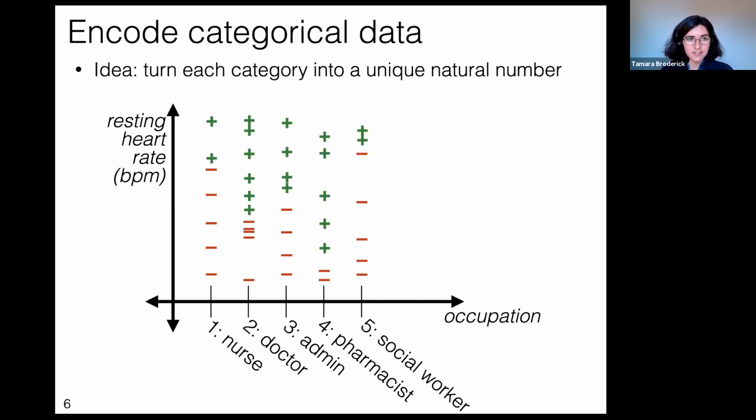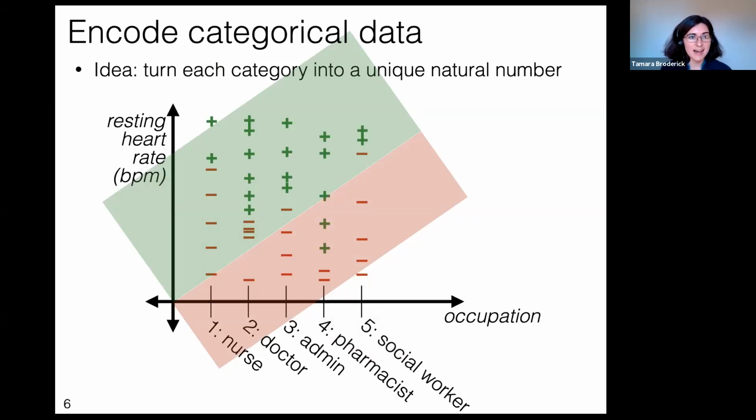If I use a linear classifier, it's pretty clear that the ordering matters. I'm assuming pretty explicitly here that nurse has a lower chance or a higher cutoff for having heart disease than doctor does, and doctor has a higher cutoff than admin does, and admin has a higher cutoff than a pharmacist does. Or alternatively, the other way around.